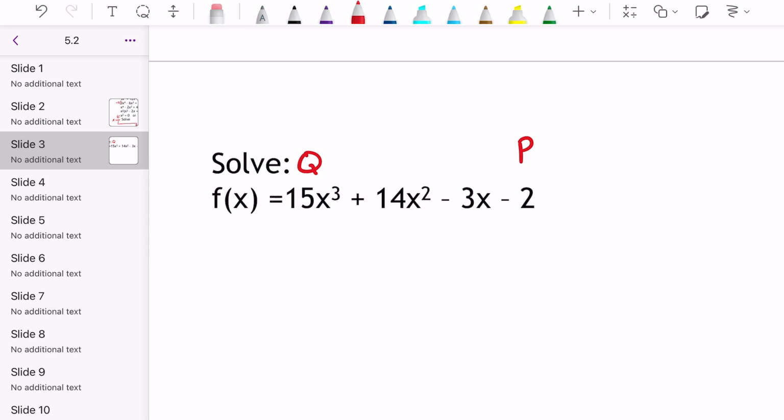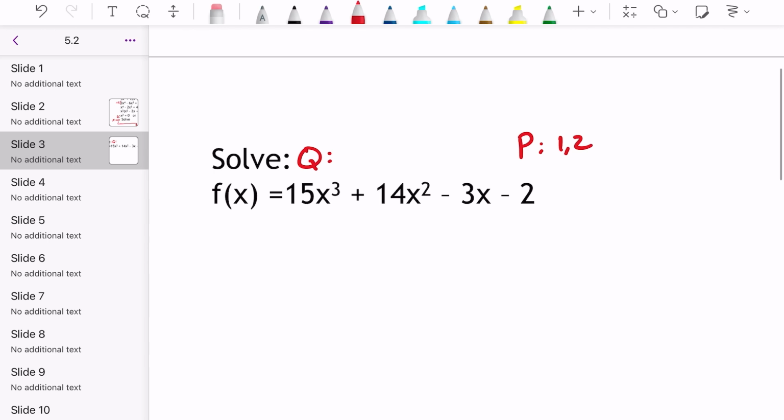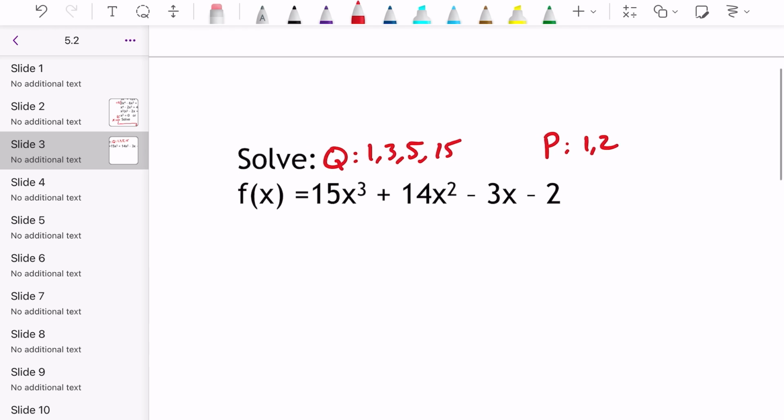So for 2, it would be 1 and 2. For Q being 15, it would be 1, 3, 5, and 15. In order for us to find all of our possibilities, we are going to divide P by Q. And when we do that, we're going to find the positive and negative of each one.